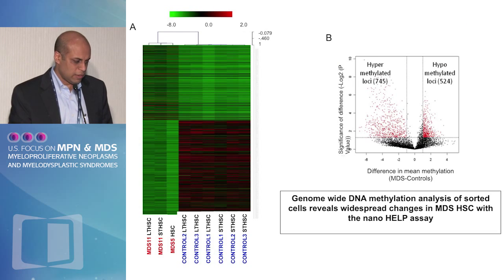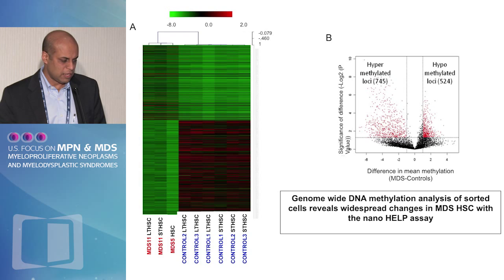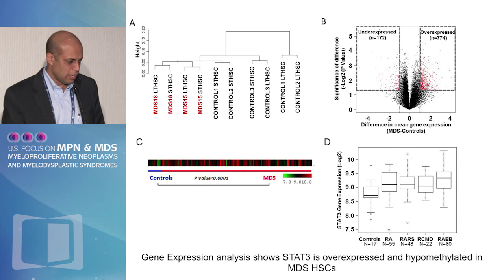We sorted them and did whole genome analysis of DNA methylation, and we found that these stem cells had a high number of genes that were aberrantly methylated, as well as genes that were aberrantly hypomethylated. They lost their methylation. And they also had changes in their gene expression profiles.